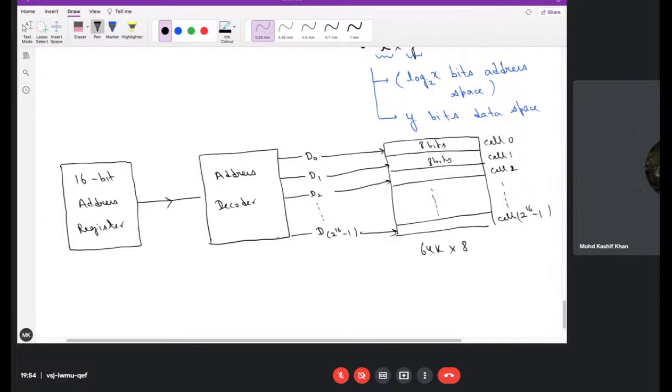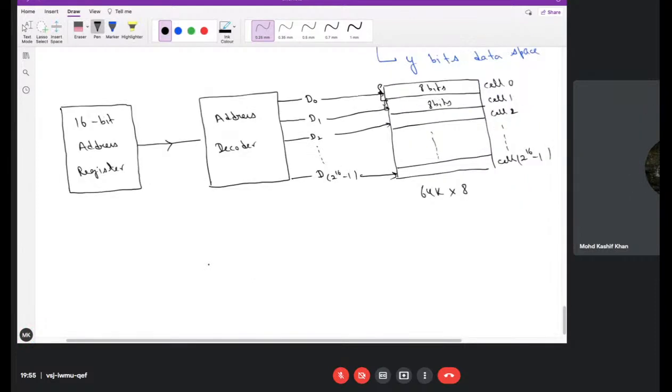Now what will happen when a 16-bit address is given? Based on this address, the address decoder will enable any one of these cells. Suppose if the 16 bits are all 0, then it will enable the first cell. If the 16-bit value is 1, then it will enable cell 1. So based on the address value, this address decoder will enable one of these cells among the total 2 to the power 16 cells.